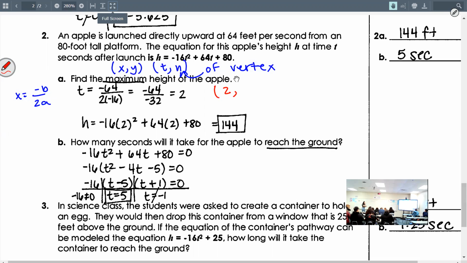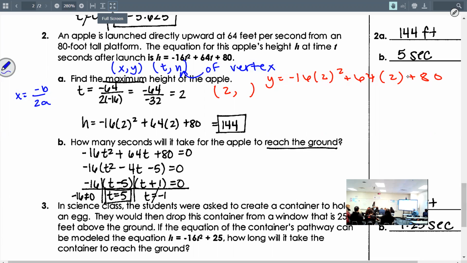How do you normally find the y by hand? You plug in your x. So then they would do negative 16 times 2 squared plus 64 times 2 plus 80.